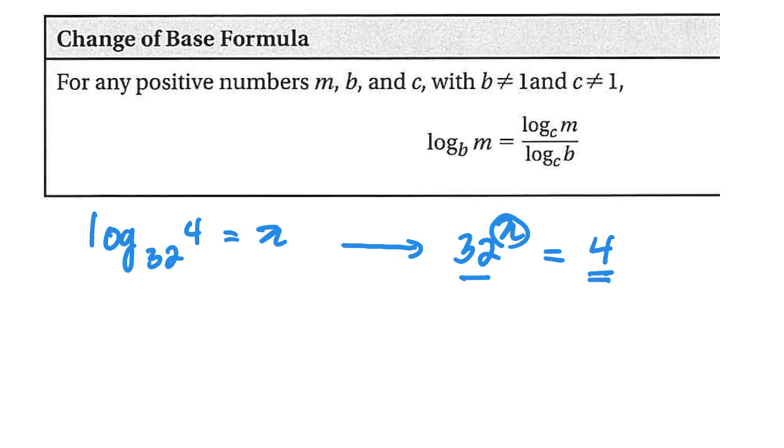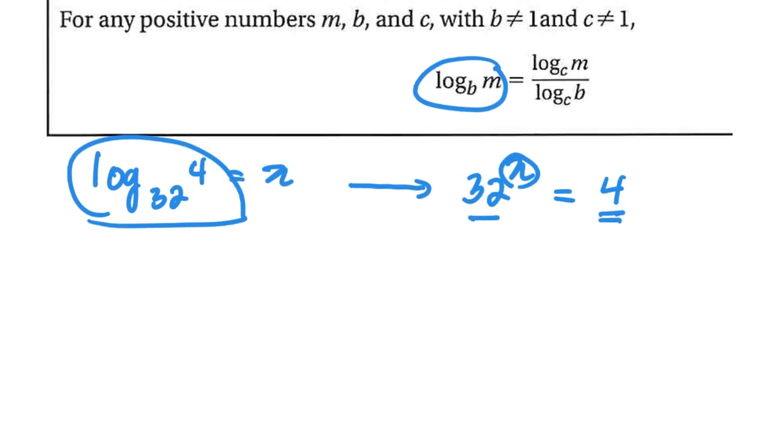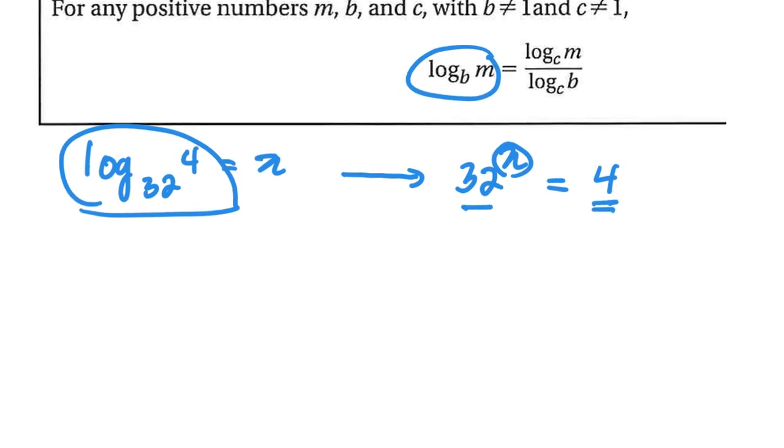So let's rewrite that part: log base 32 of 4.